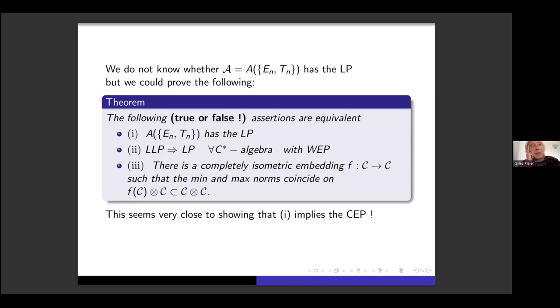You're asking completely contractive, but you agree to the contractive case, and now you apply your question to Mn with values in A, and you do the natural identifications, bidual of Mn(A) with Mn with values in the bidual. Then that tells you that for each n you have a good projection that is Mn contractive, but then you can take some weak star limit, and the weak star limit will be completely contractive. I mean, that's a strange way to do it, but that was just to convince you.